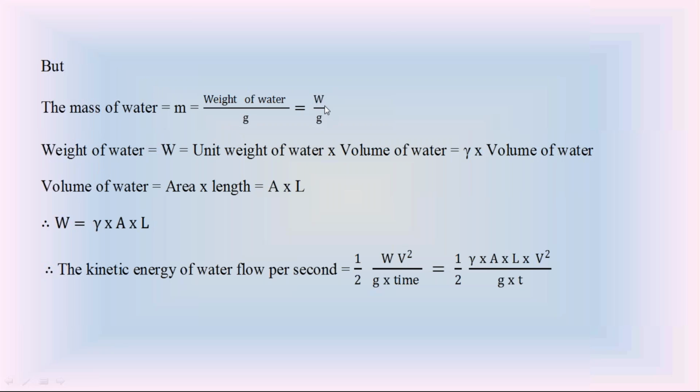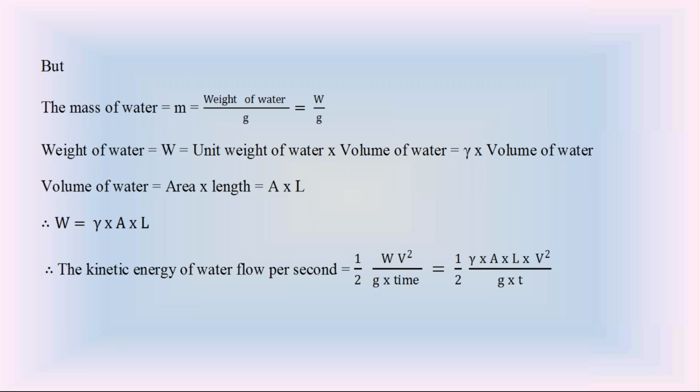Just now I explained density. Density is equal to mass by volume. Similarly, bodies have a unit weight. Please observe this: the unit weight of a body is indicated as gamma, and density is indicated as rho. Density is mass by volume, so mass is equal to density into volume.